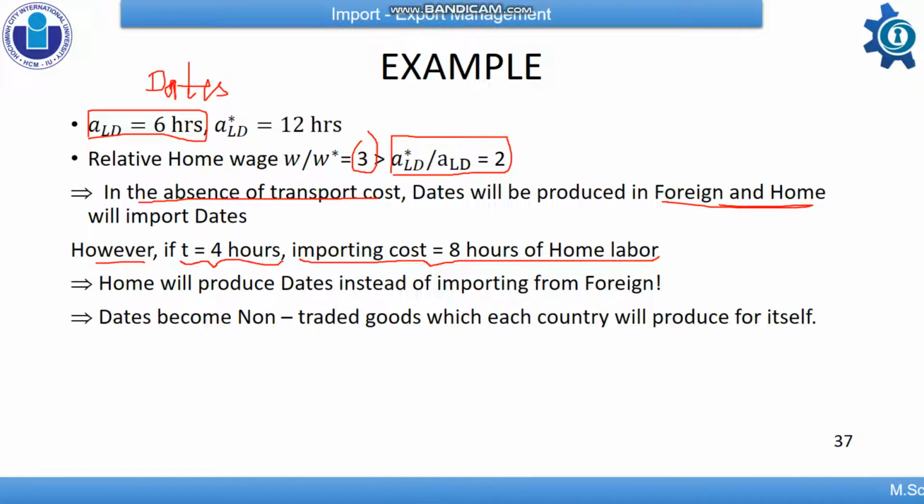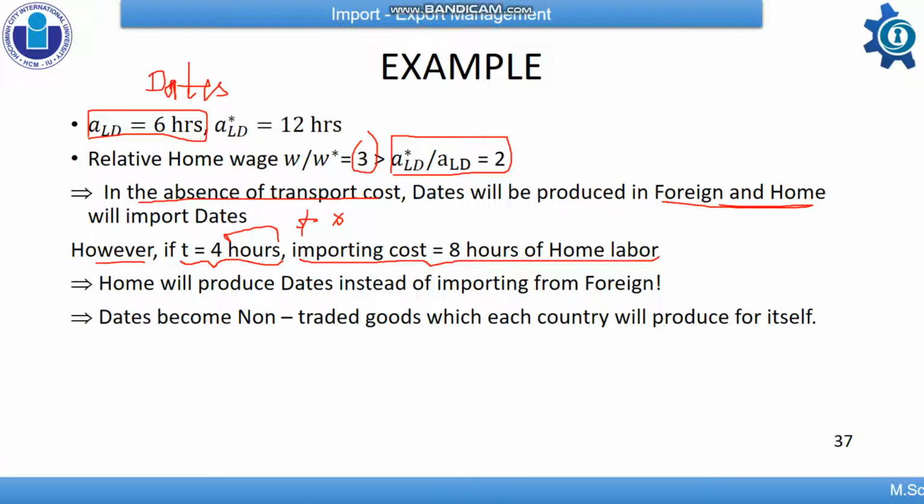Maybe some students will ask me why the importing cost or the transportation cost we calculate in hours but not dollars. Of course we can transfer it to dollars, like we times it with the wage. Okay, but here we consider the productivity of the labor. That's why we use hours as our unit.